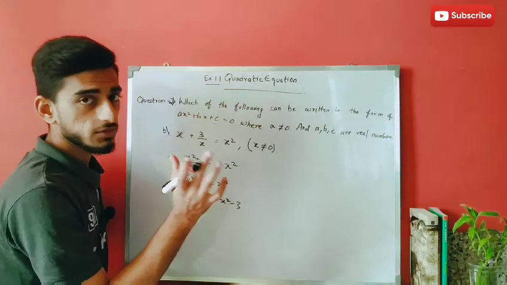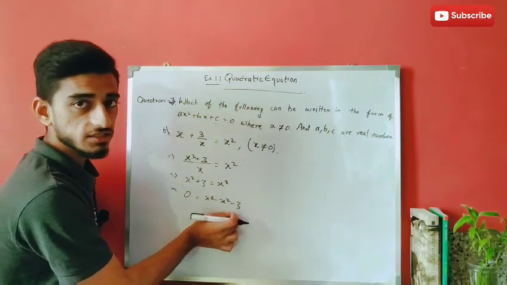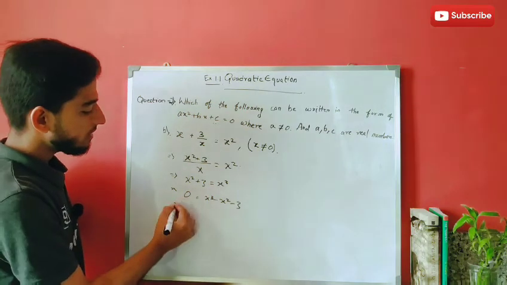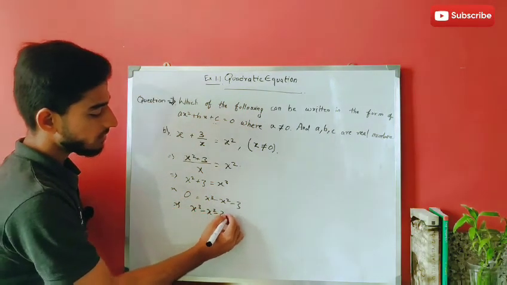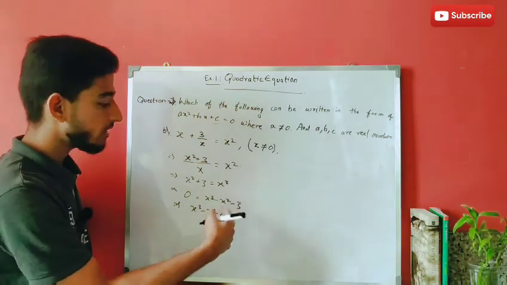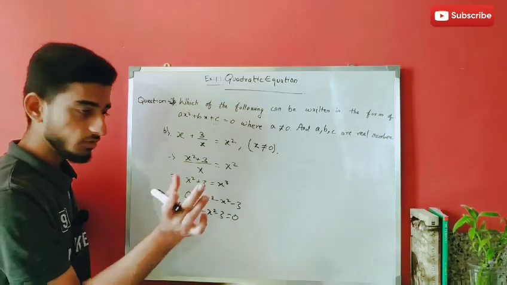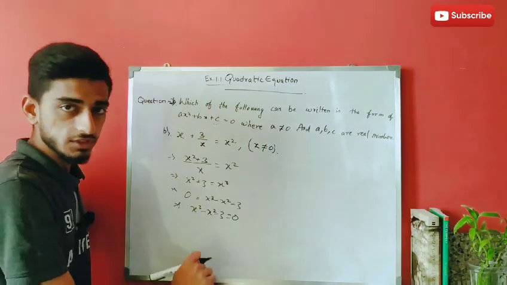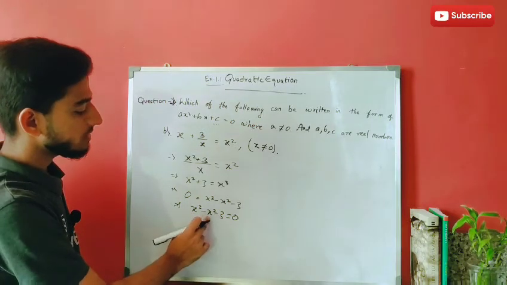Now some students have confusion: 0 is equal to x cube minus x square minus 3. We can write this as x cube minus x square minus 3 is equal to 0. Both are right. You can write it like this also, it is the same thing. You can shift it to the opposite side. Now we have got x cube minus x square minus 3.